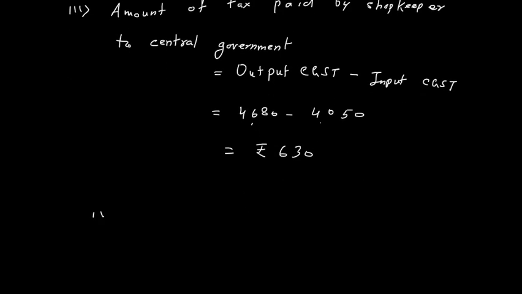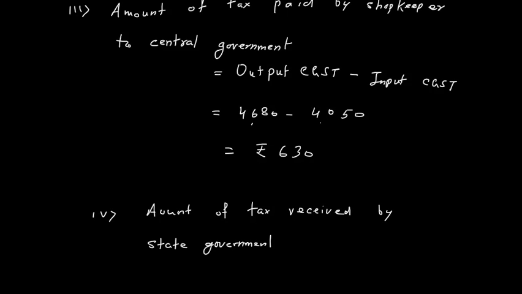So the amount of tax received by the state government is what the final consumer paid, 4,680. Rupees 4,680 is the amount of tax received by the state government.